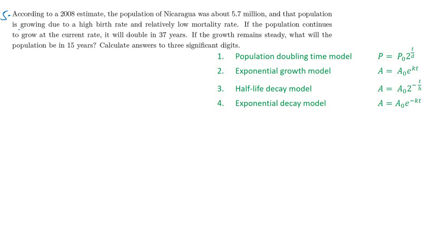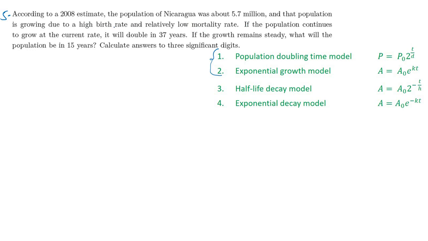And that population is growing, owing to a high birth rate and relatively low mortality rate. So birth rate is high and the number of people dying is less. Generally it will be like that in any country. This is natural, so don't concentrate much on this.